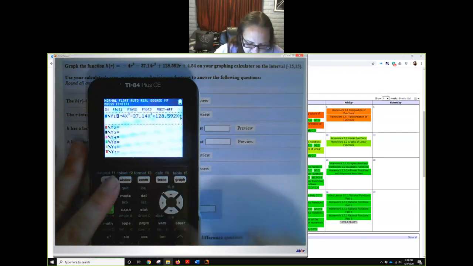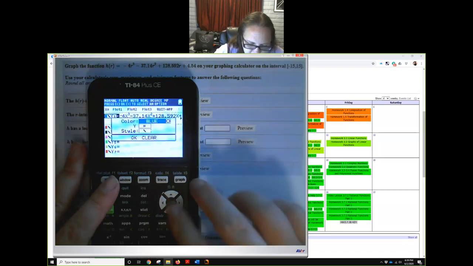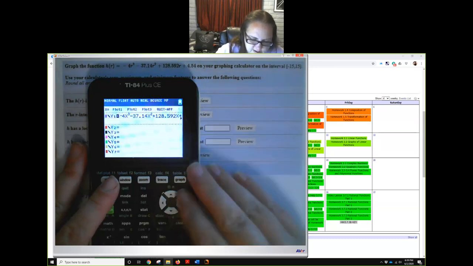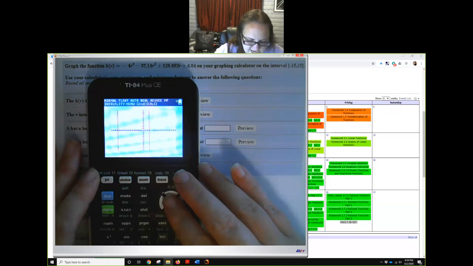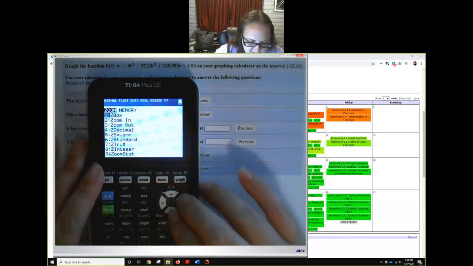I'm going to change the color because I feel like the blue is hard to see. And then I'm actually going to try to have the calculator pick a zoom for me.